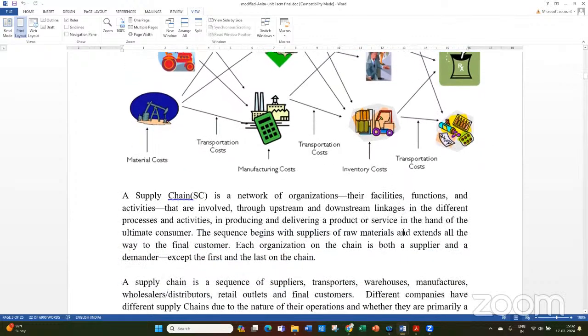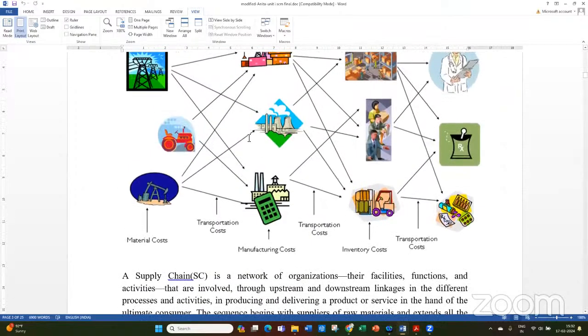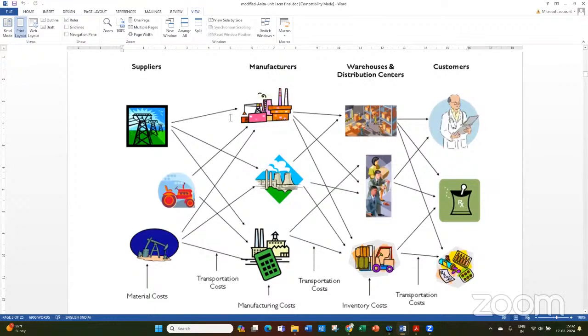We have different customers. That's why we come to understand that a supply chain is a network of organizations, upstream and downstream.